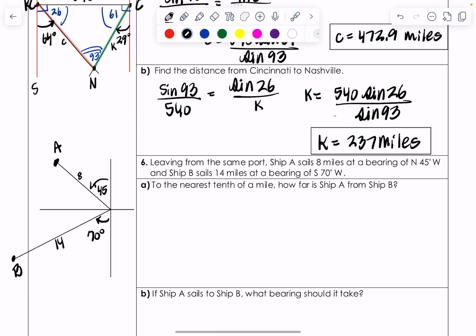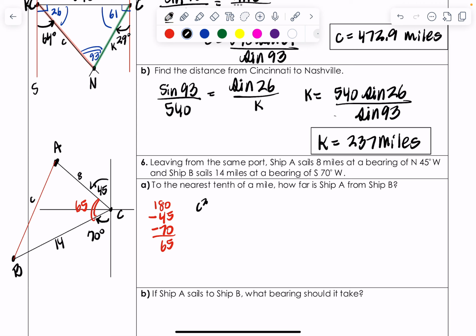And we want, how far is ship A from ship B? So you need this distance right here. That's what you're looking for. Okay, so I'm going to call this C. So this is side C. So, I'm going to need to figure out this angle right here, but I know these add up to 180, so 180 minus 45 minus 70 will tell us what that angle is, and that's right there. So, okay, so now we have everything we need.